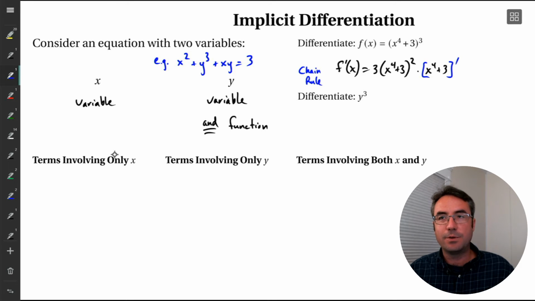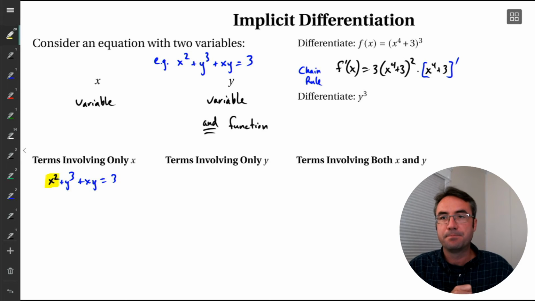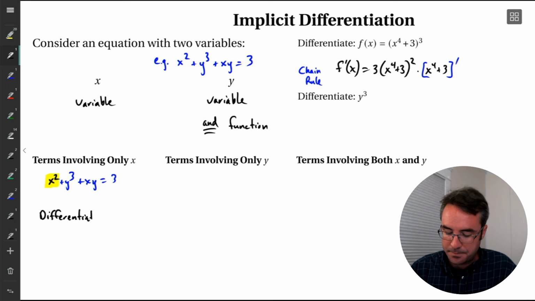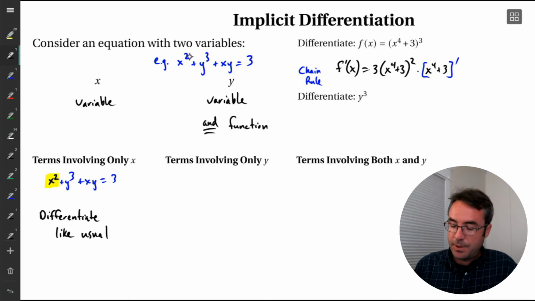So we have this term only involving an x, this x squared right here. There's only an x there. How are we going to differentiate this? Well, we just differentiate it like usual. So we know how to do the derivative of x squared. It'll be just 2x.